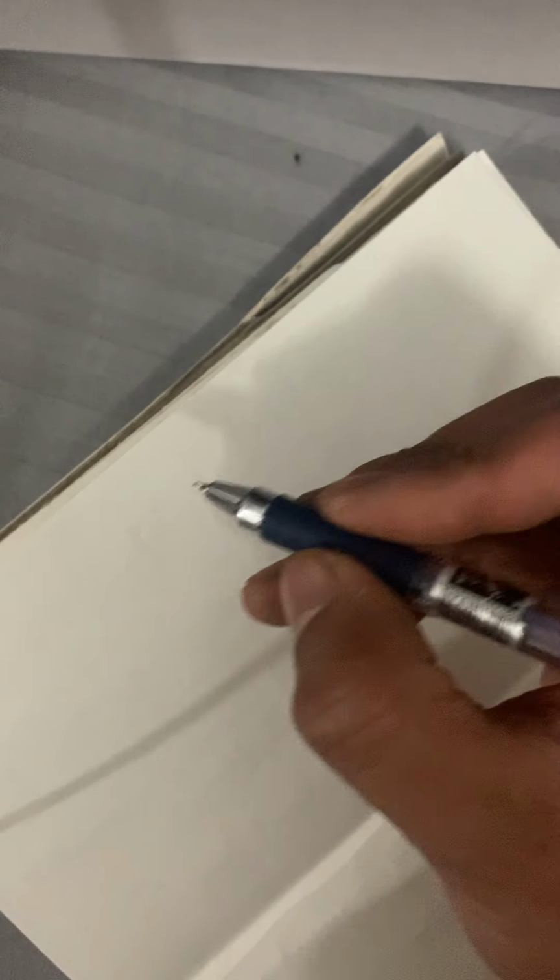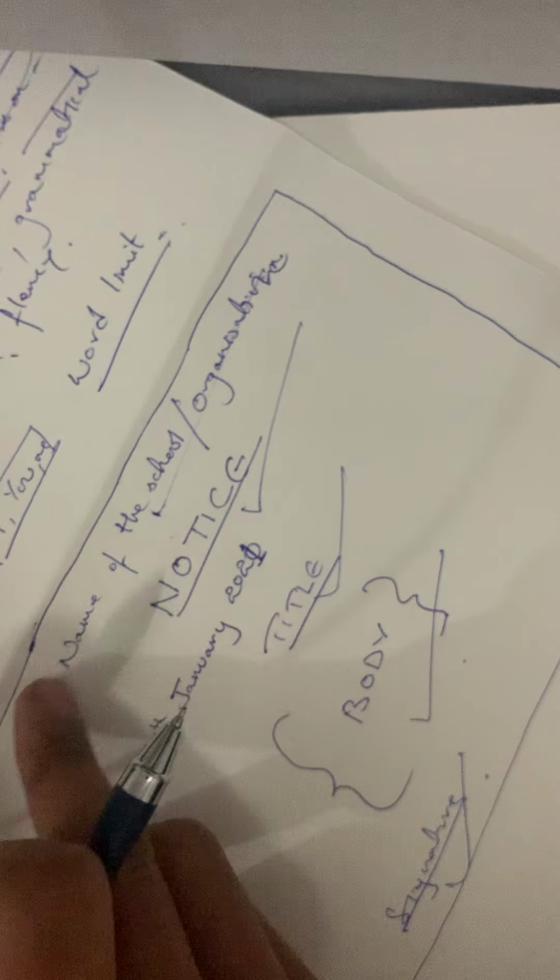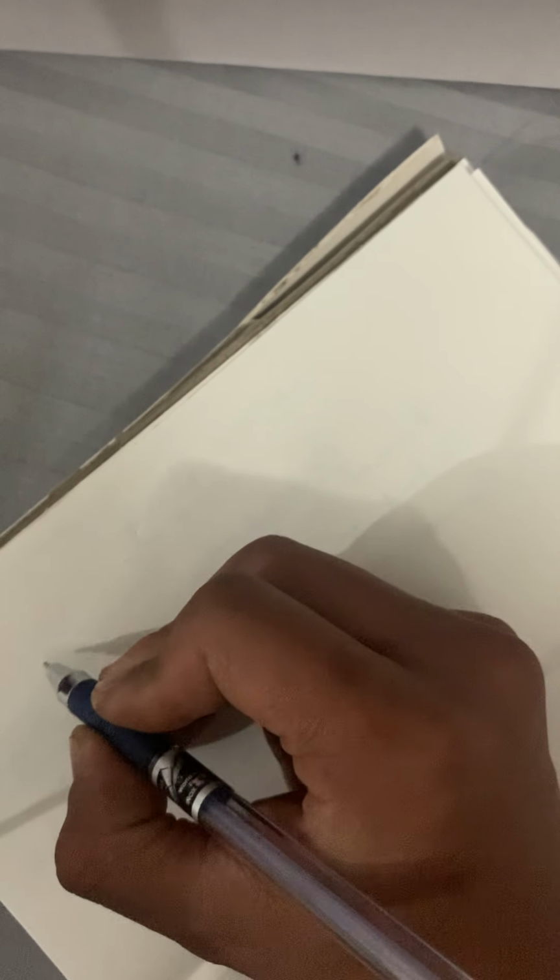So now, name of the organization or the school as the format tells us to do. All right, so as the name of the school is not given in this case, let's just use our own school's name. If the name of the school is given, please do use the name of the school that is given in the question.